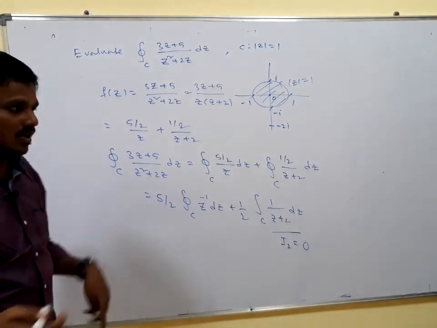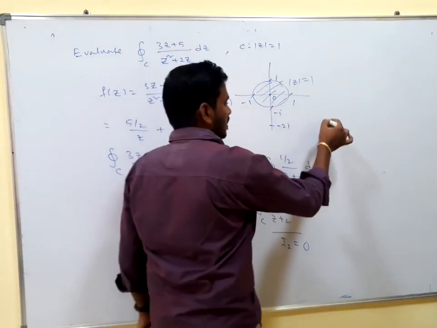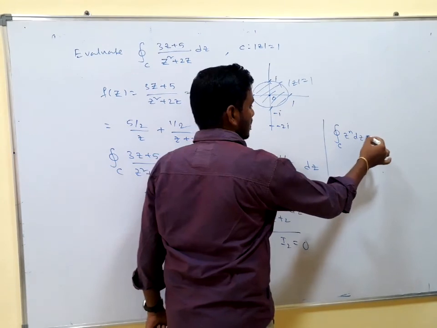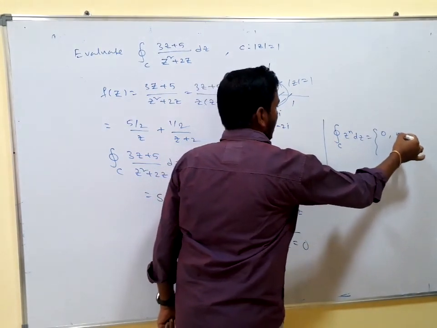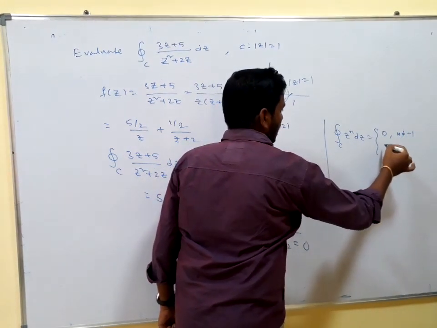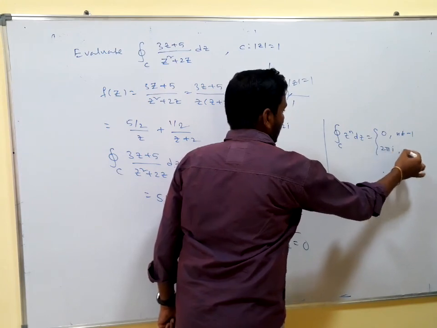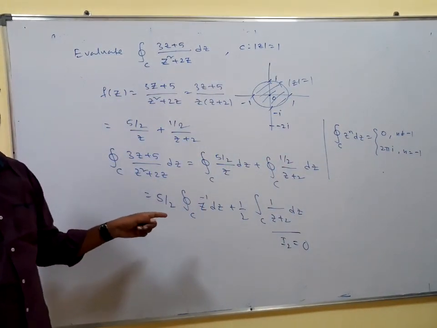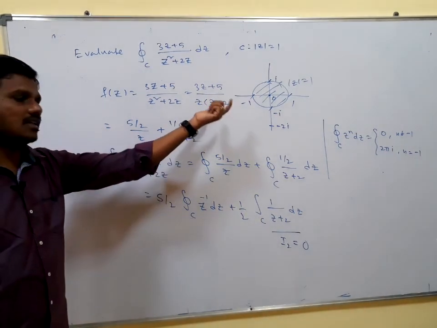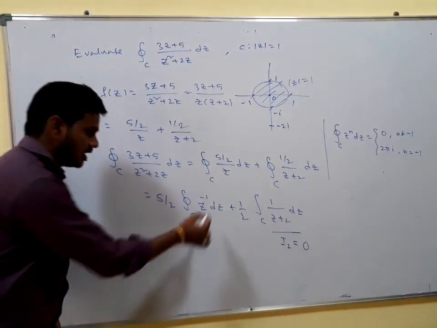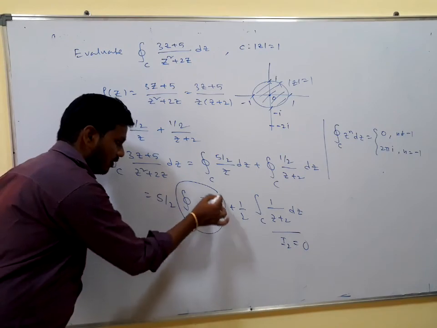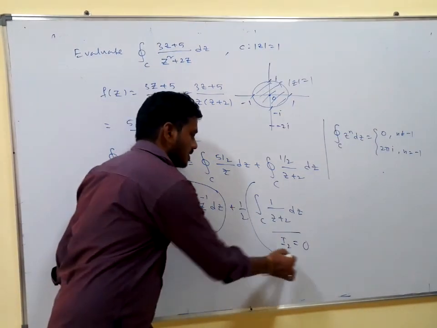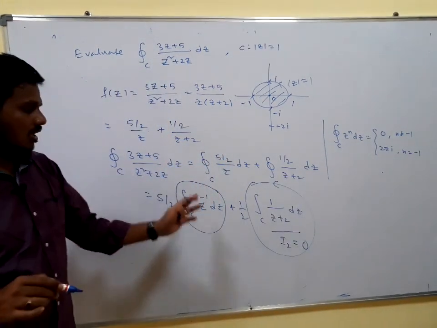That is never possible. Yes, we did one problem. Here, the integral over c of z to the power of n dz is equal to 0 for n not equal to minus 1, and 2 pi i for n equal to minus 1. Here n equals minus 1, and inside the region the function is not analytic, so for this part we do not apply Cauchy's integral theorem. For the other part it is applicable.